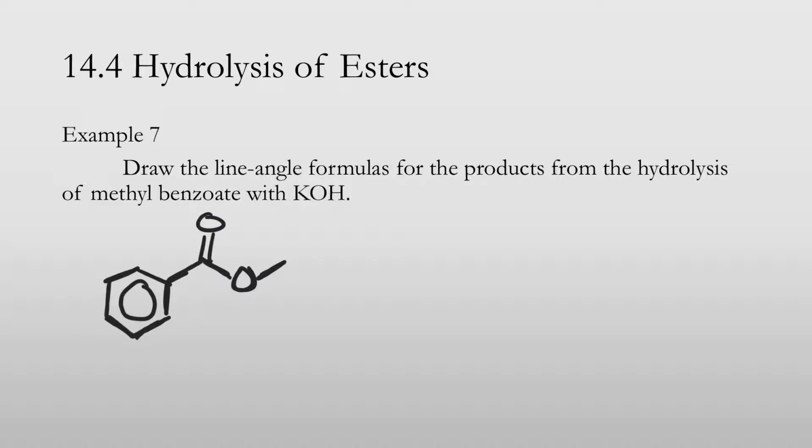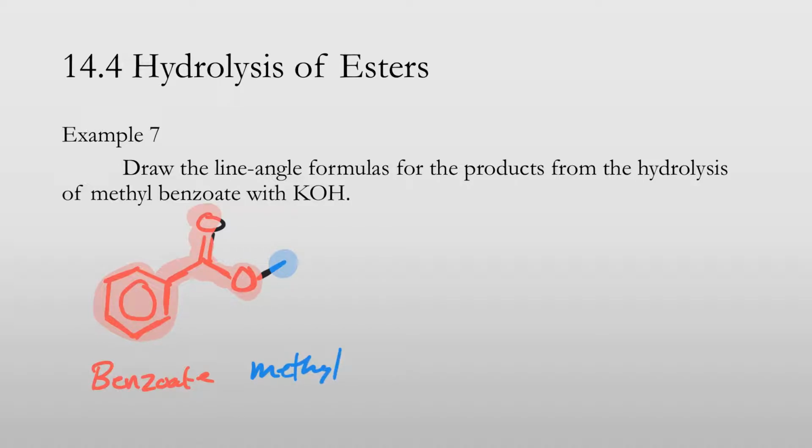So this portion and that, here we go, the red is going to be from the benzoate part, and the blue is the methyl. So methyl benzoate is our ester.